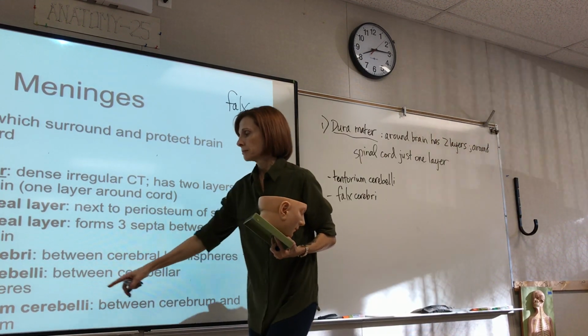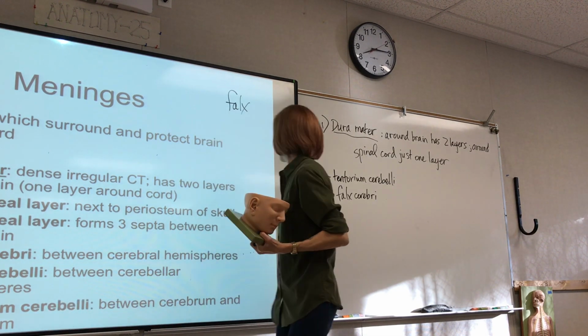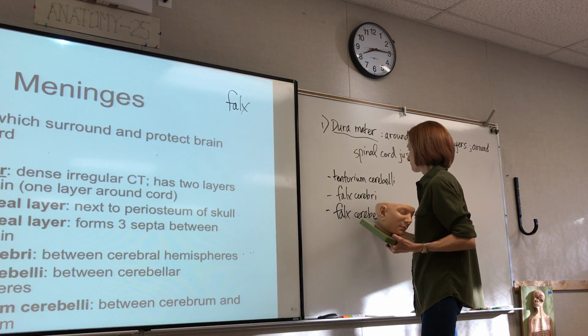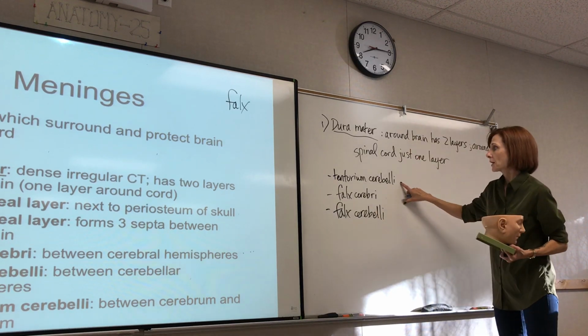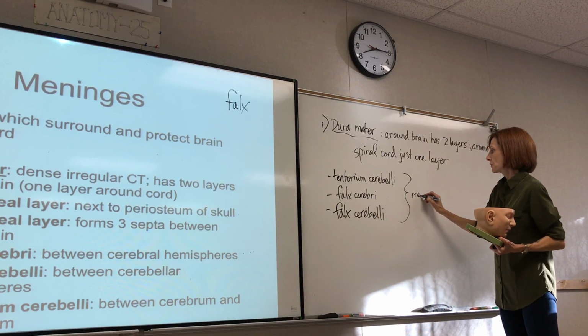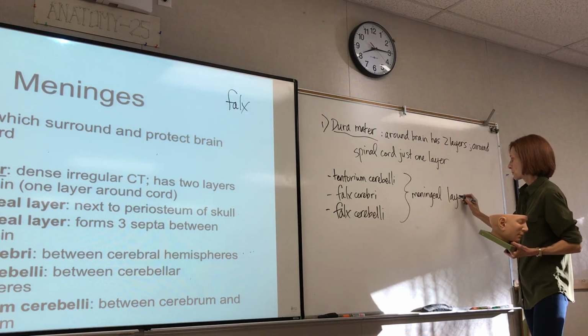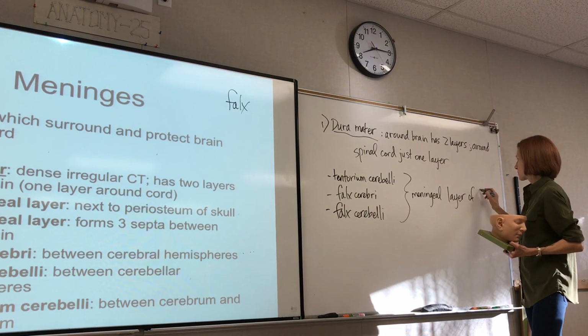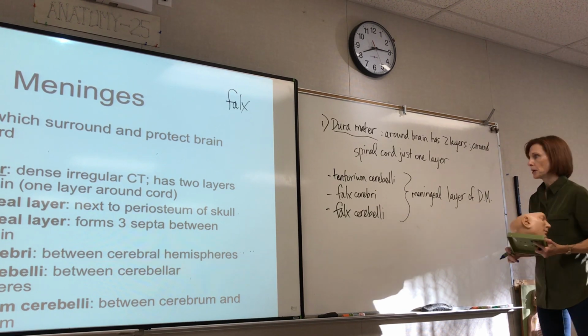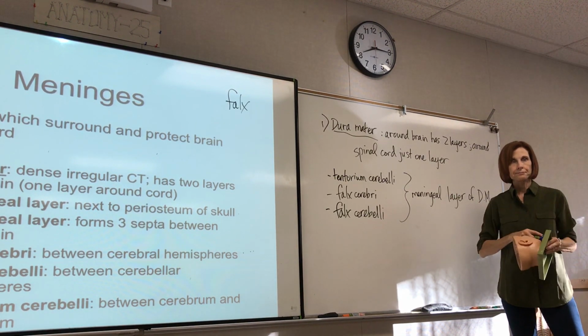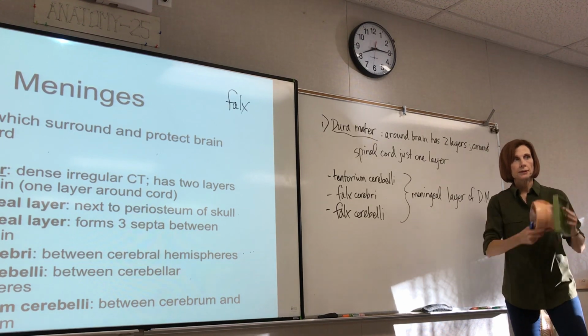So falx cerebelli, between the cerebellar hemispheres. So these are the three parts of that meningeal layer. The meningeal layer of the dura mater forms these three structures, and you can see them on this model.